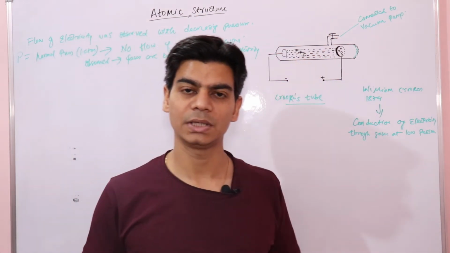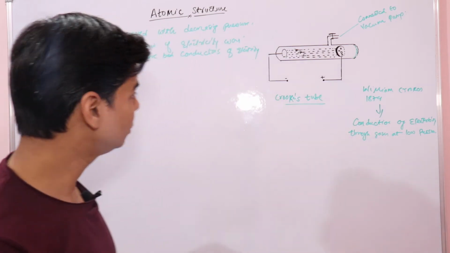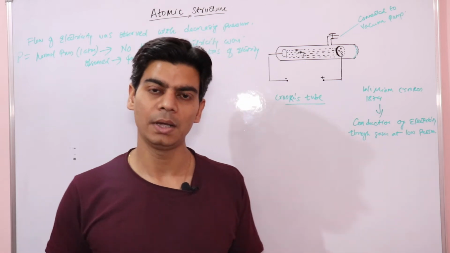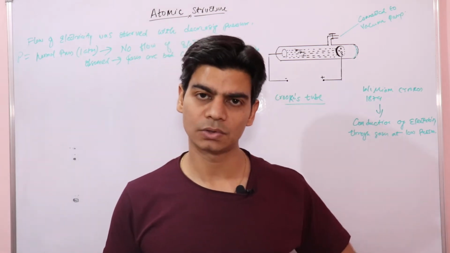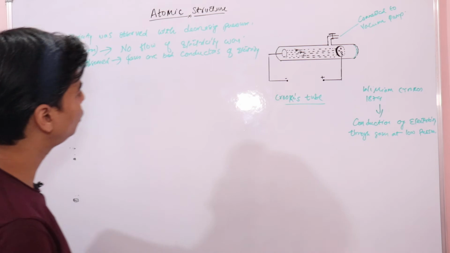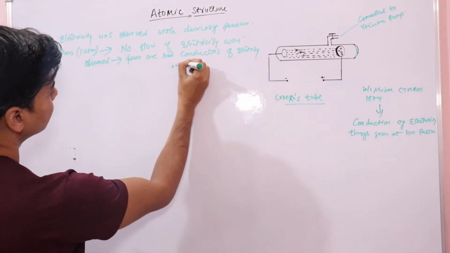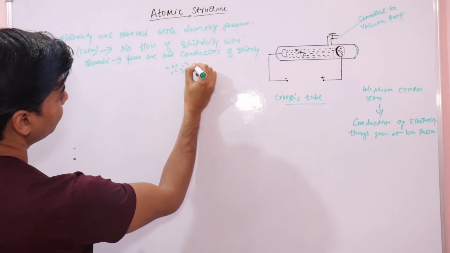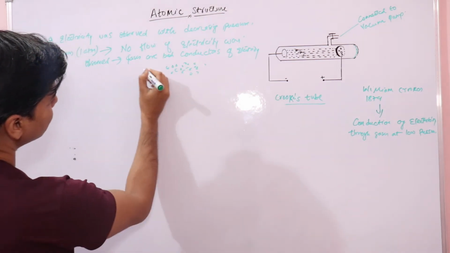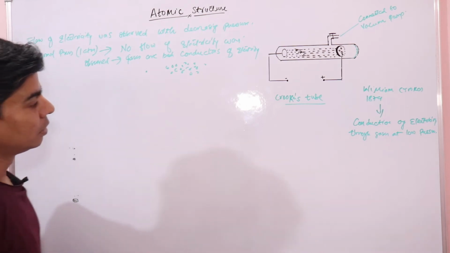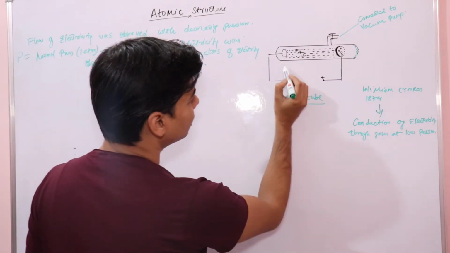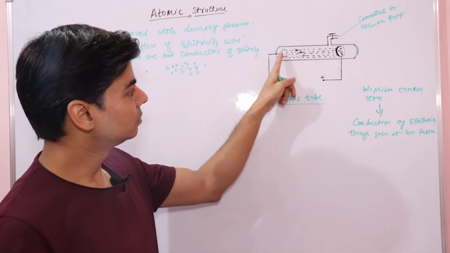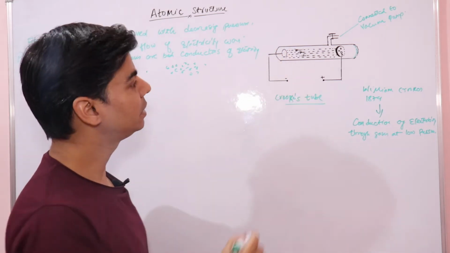we know that electricity is nothing but the flow of charge, or the flow of electrons. When there were too many gas atoms or gas molecules inside the tube, and you apply high voltage, electrons would be emitted by the material of the cathode.